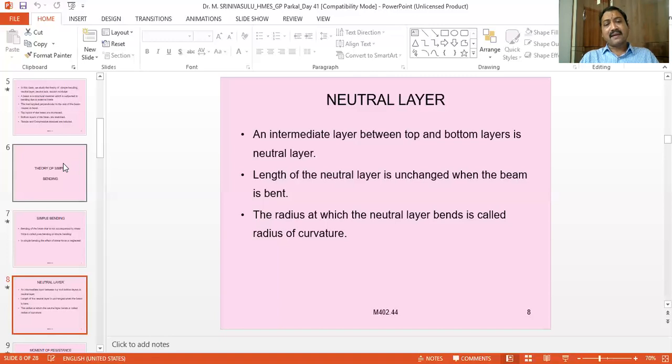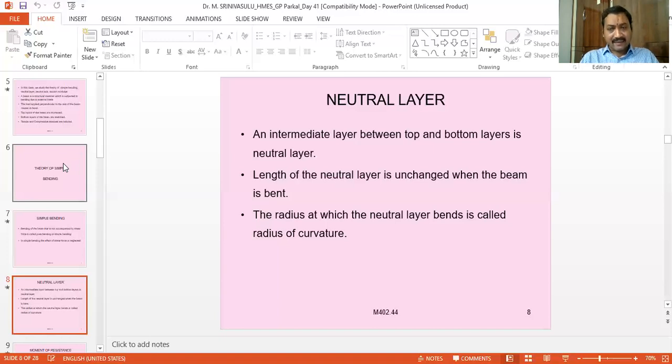So the length of the neutral layer is unchanged. It does not experience either compression or tension, so the length remains constant even when it is bent into some radius.